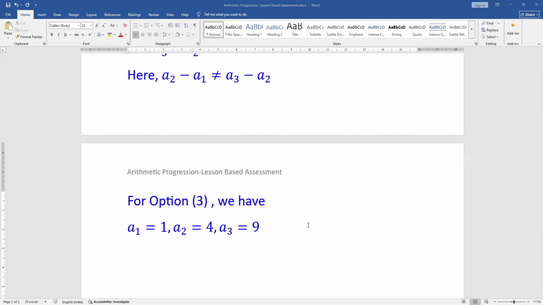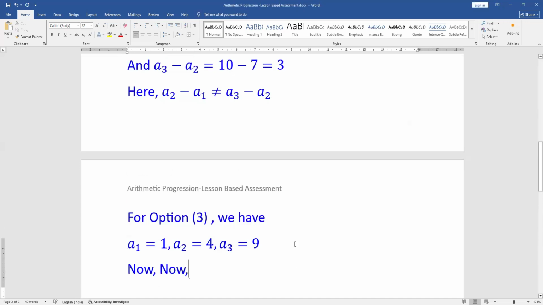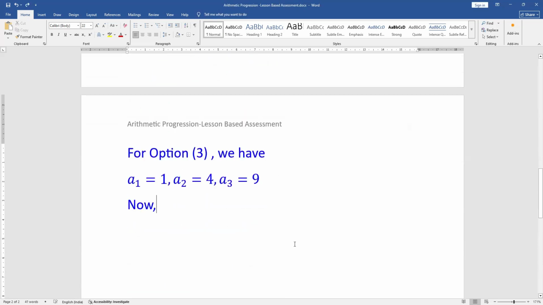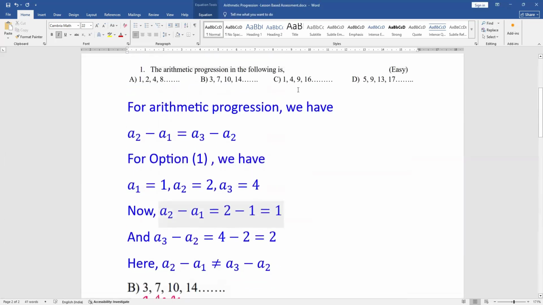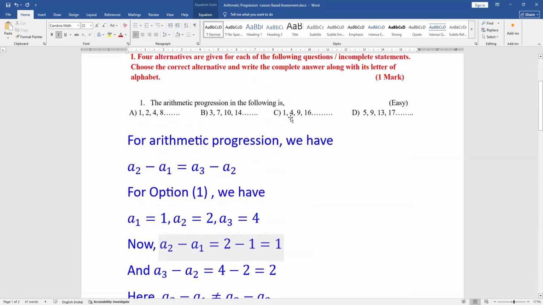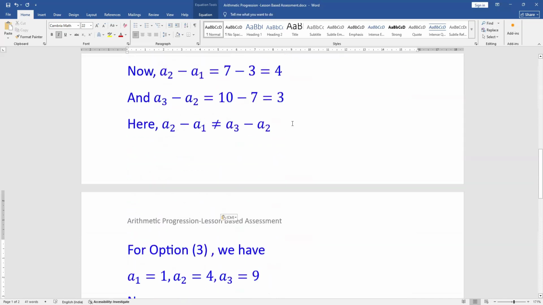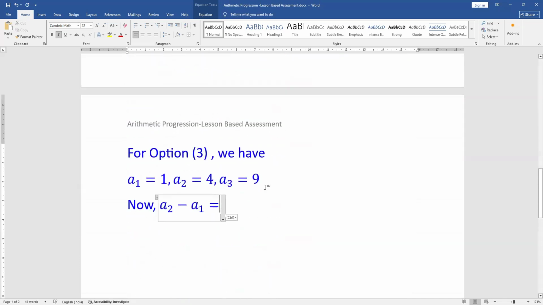So now A2 minus A1 is nothing but 4 minus 1, correct? So 4 minus 1 is equal to 3.